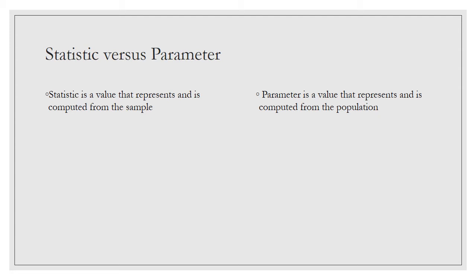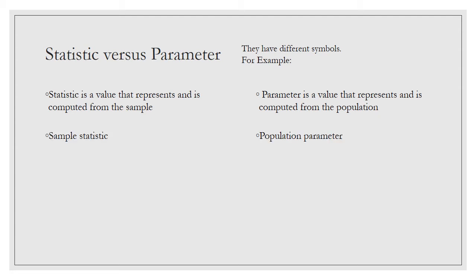A parameter represents the population and is a computed value that represents the population. They are very similar, almost sometimes identical in computation, but often we make a couple of adjustments, as we'll see in variances and standard deviations. We use different symbols to represent a statistic versus a parameter.